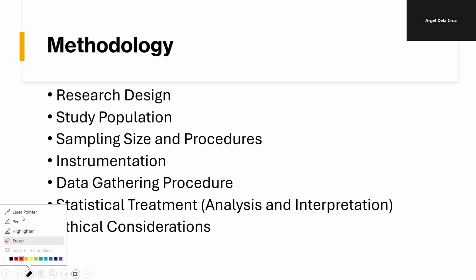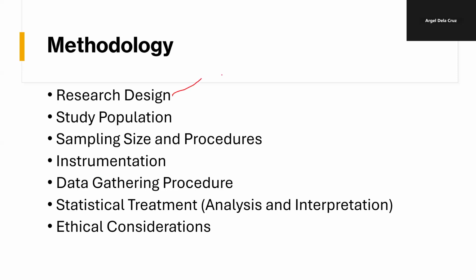Pwede nyo po ilagay dito kung anong data, quantitative or qualitative. Let's say qualitative or quantitative descriptive research design, or correlational, kasi pag sinabi mo correlational, automatic, quantitative na yun. So there's no need for you to indicate quantitative.